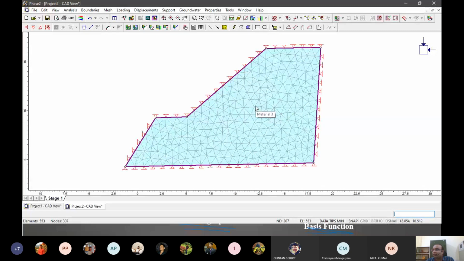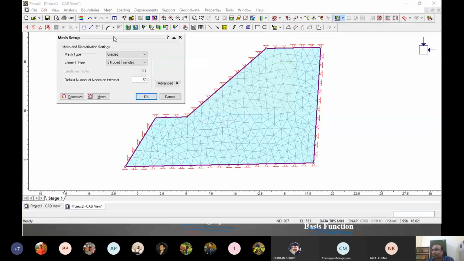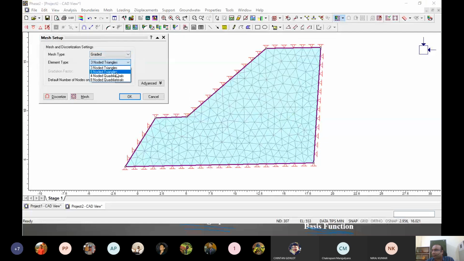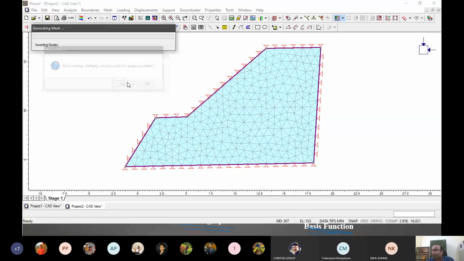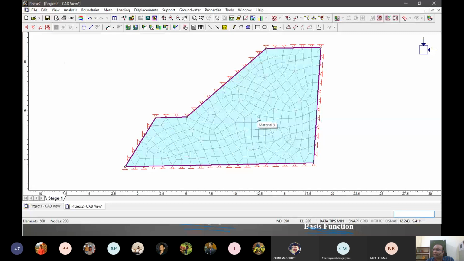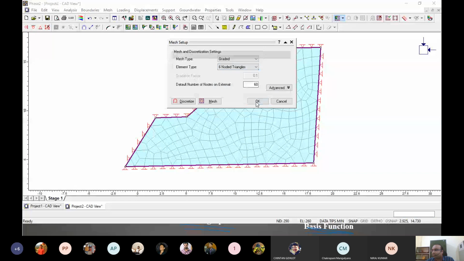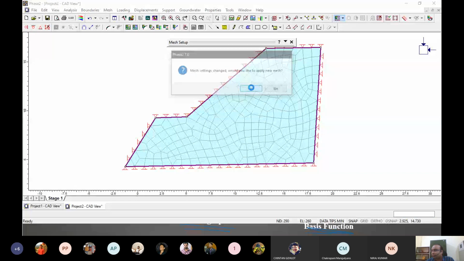Now I can use any type of elements. As we were discussing, we can have 3 noded triangles, 6 noded triangles, and even quadrilaterals. Based on what kind of meshing we want to do, it's up to us, and we can explore different kinds on that basis.